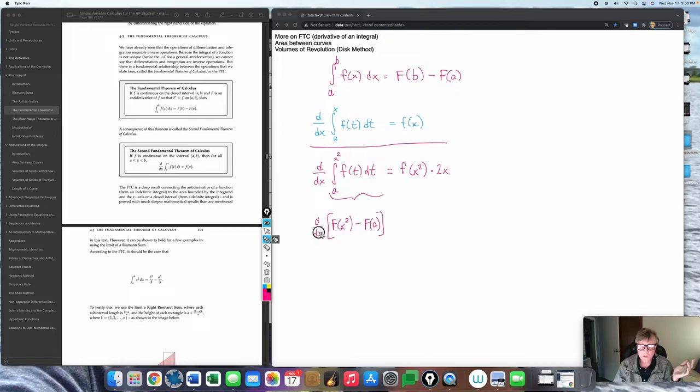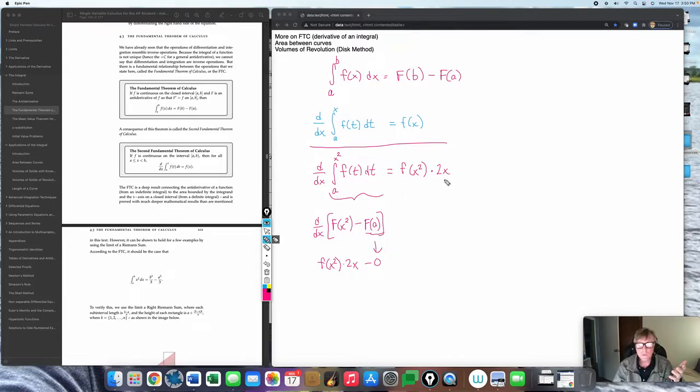And we know that when we differentiate something that's composed of x squared, we have to honor the chain rule, right? So what's the derivative of the antiderivative? It's f, but it's f evaluated at x squared, and then the chain rule applies, right? And then minus 0, because the derivative of any constant is 0.